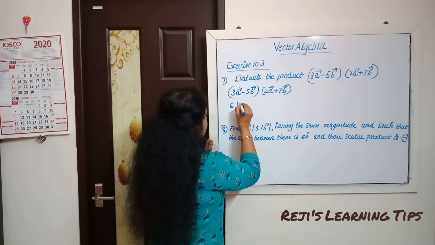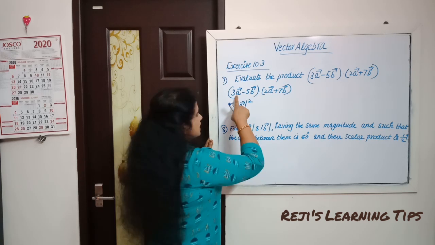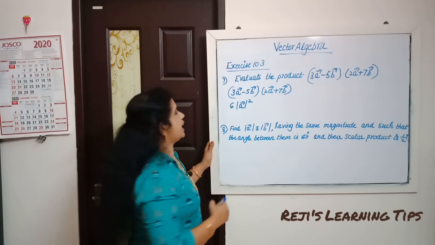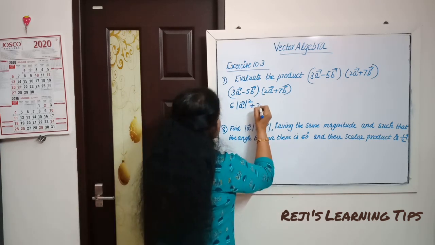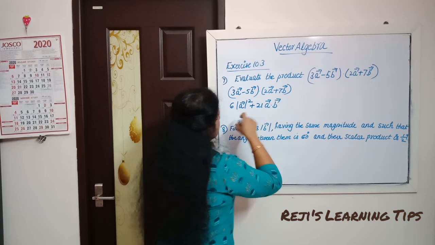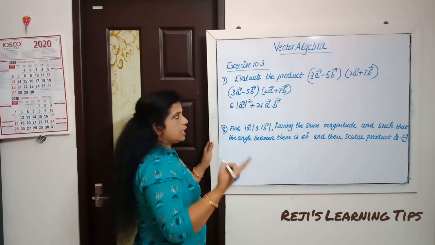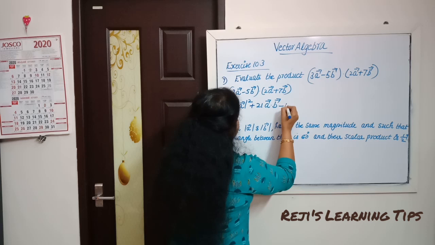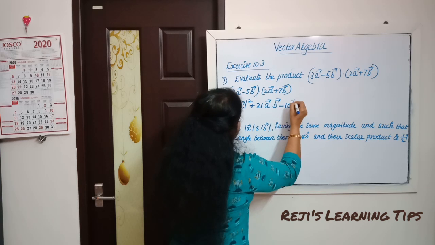Correct. Then 3A dot 7B is 21 A dot B, and minus 5B dot 2A, correct, is minus 10 B dot A.